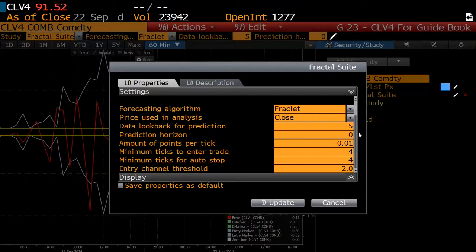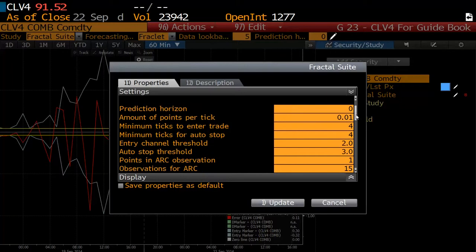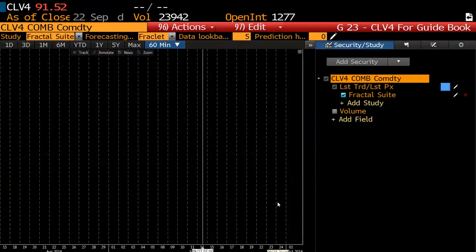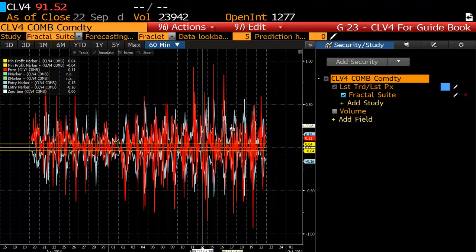So let's double check and see. I know sometimes Bloomberg has a tendency to save the old entry if it's not updated while you can see it. All right, so this is actually one standard deviation now.